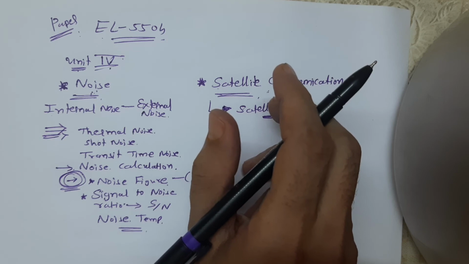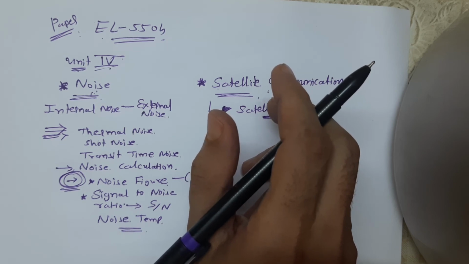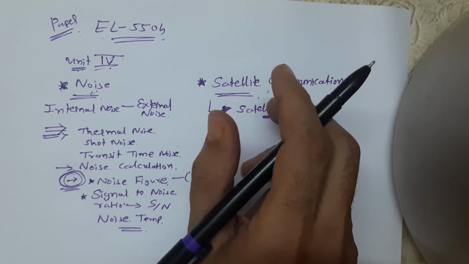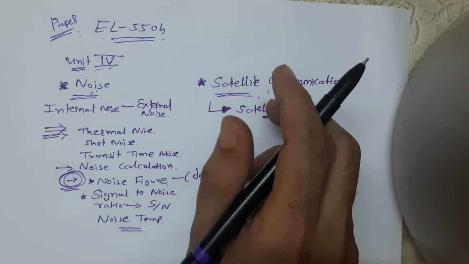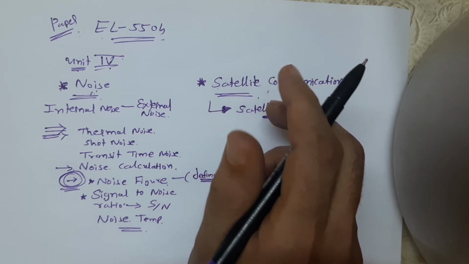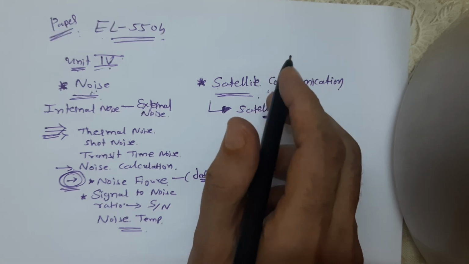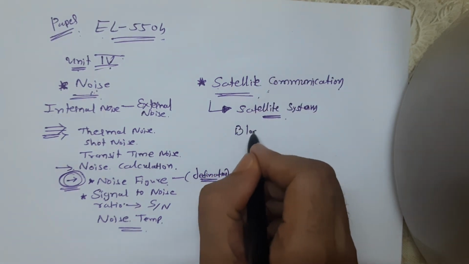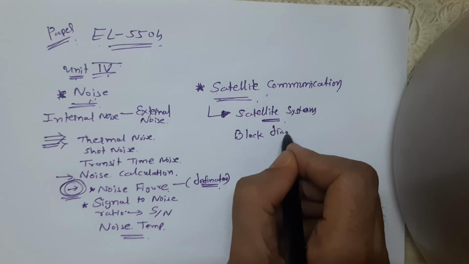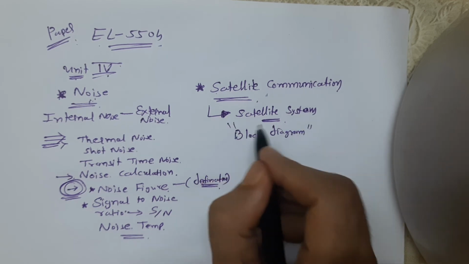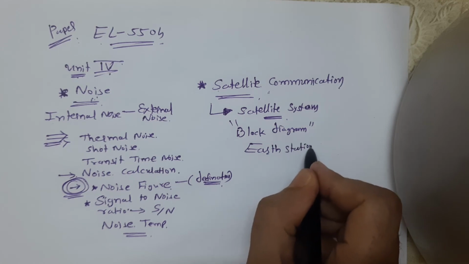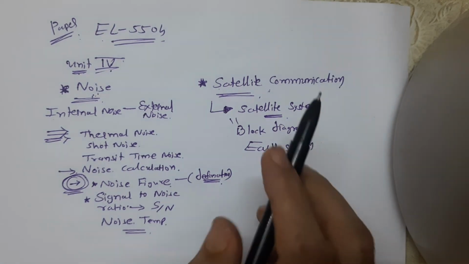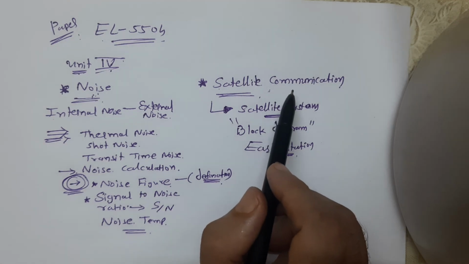There is a launch vehicle, there is a satellite, also known as spacecraft, how to put this spacecraft at how many kilometers from the surface of the earth, and how it works, the block diagram of the earth station, that we will discuss in satellite communication.